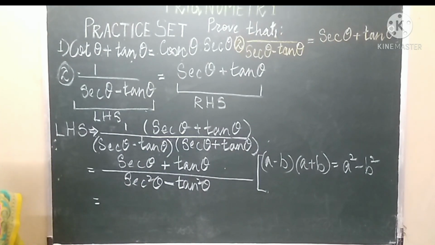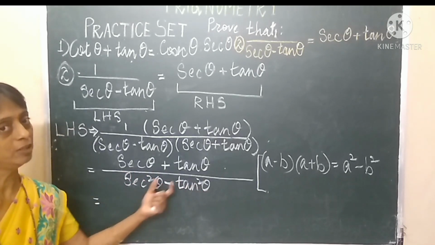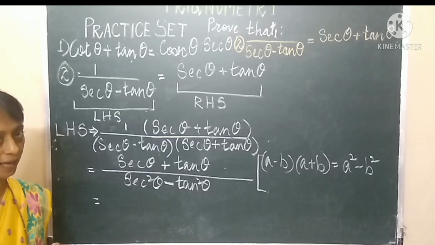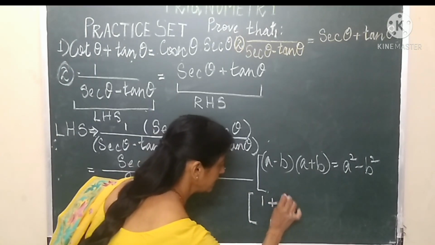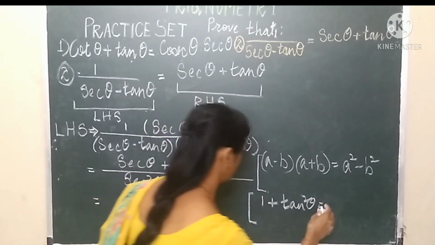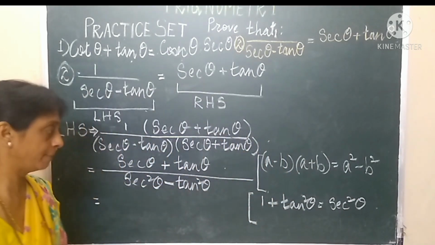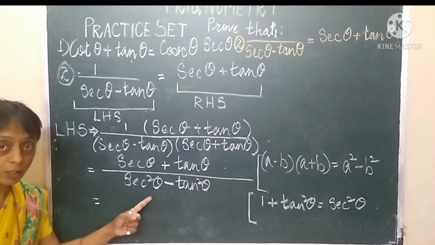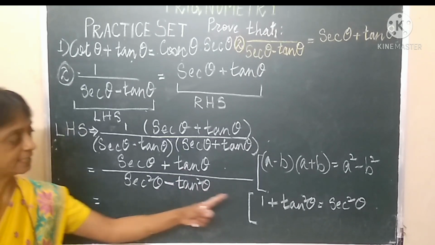Do we have any trigonometrical identity where we can substitute and replace this expression? Definitely, children. What do we have? We have 1 plus tan squared theta is equal to sec squared theta. But over here, what do we want to have? We want sec squared theta minus tan squared theta.